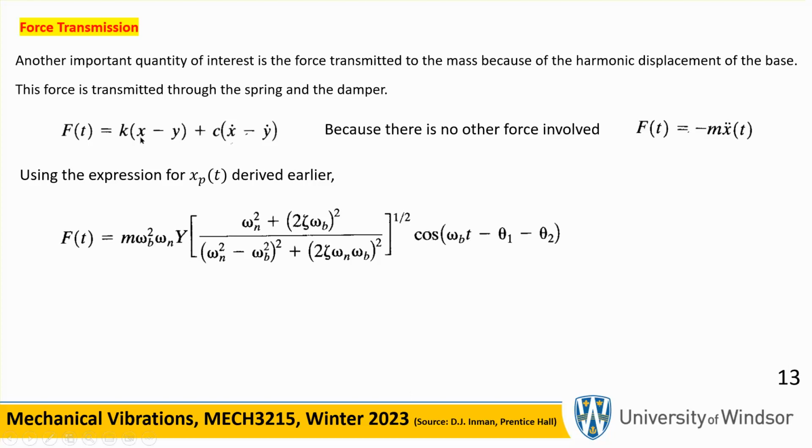Now, we already found x in the previous slide. It was an ugly expression, something that people have found for us. And x dot, you can differentiate it, and then you plug it in here and do the algebra. You're going to come up with that expression.